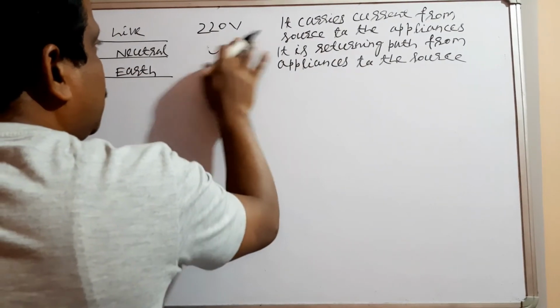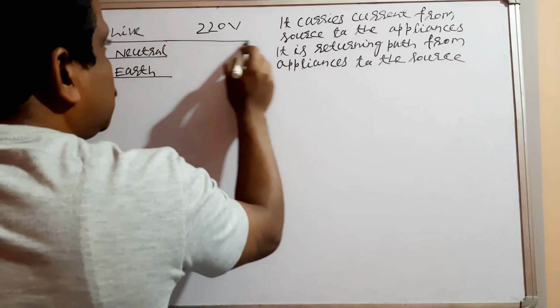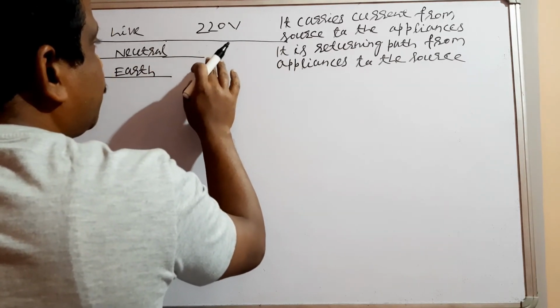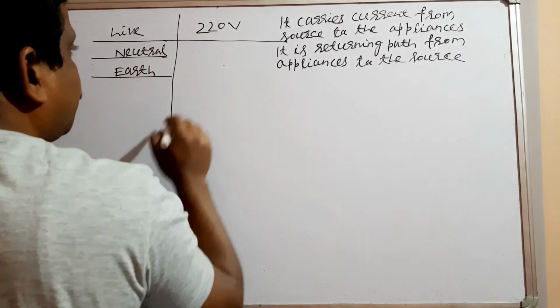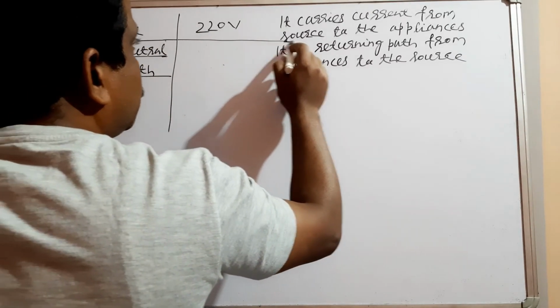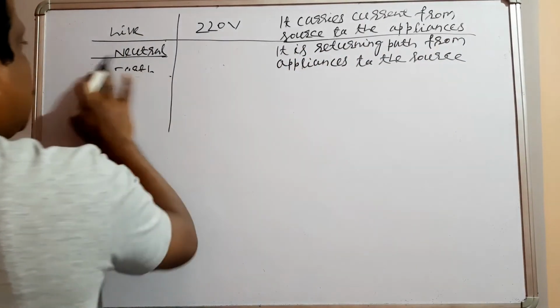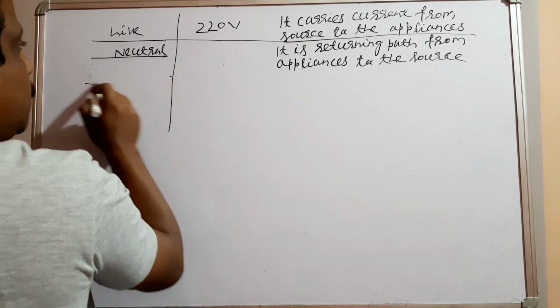Then a little down I am writing so that you can understand. Suppose this is this one. Then here, a little down, I am writing: this is the neutral wire.